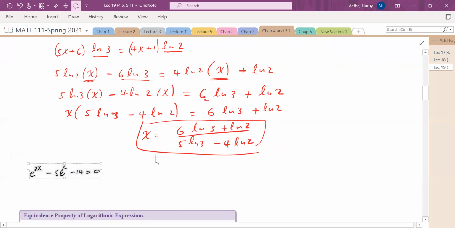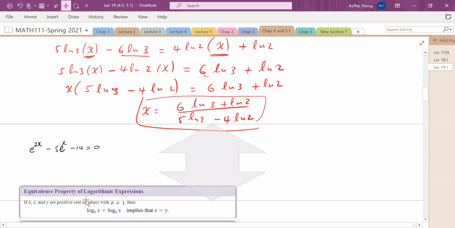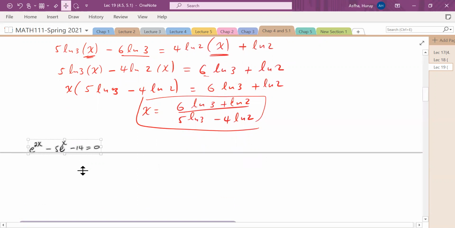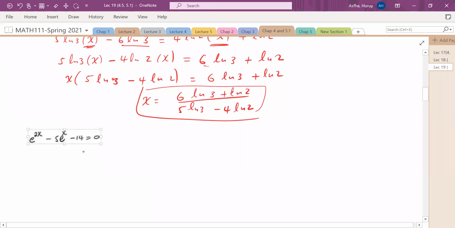This third example is a bit different, which means I cannot apply the logarithmic way, or the equivalence property. But we can use a different way of solving this equation.